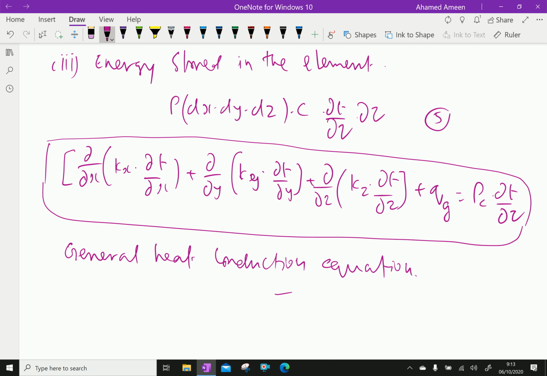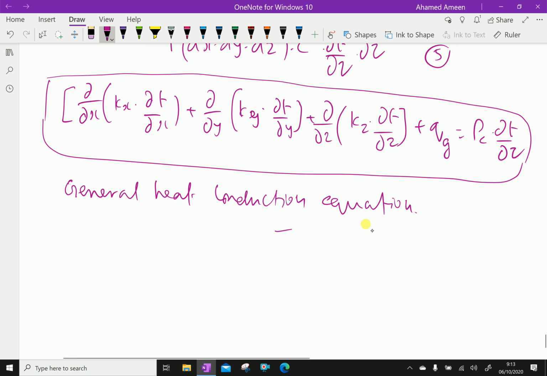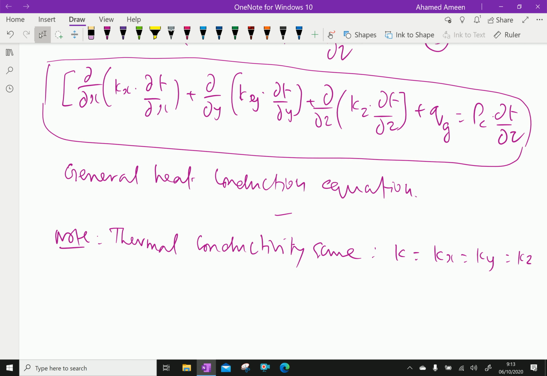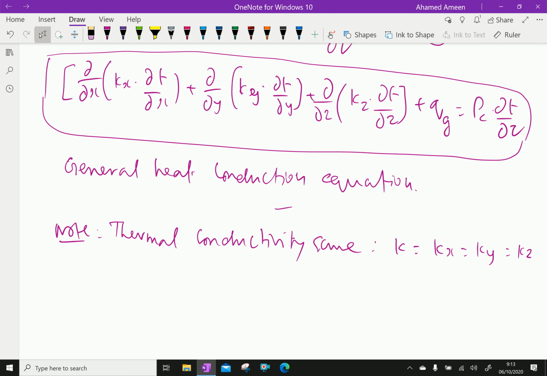Now next, if thermal conductivity is the same in all directions, that is we can put k equal to kx, ky, kz, then this equation becomes further simplified.